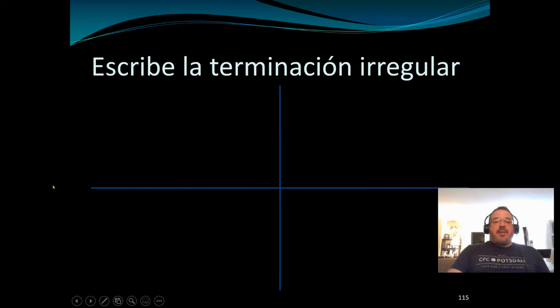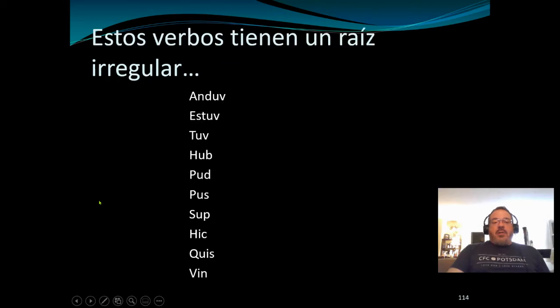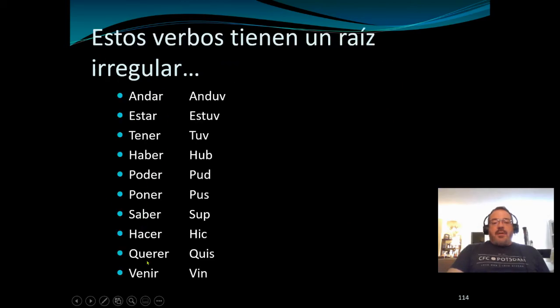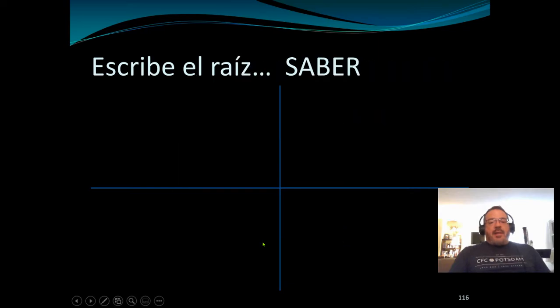And what are those endings? We have e, iste, o, imos, isteis, ieron. So these endings will apply to all of these irregular verbs. It'll go on the end of these irregular stems. No accent marks. Okay, so I think we understand what we're doing here. Okay, let's do this.